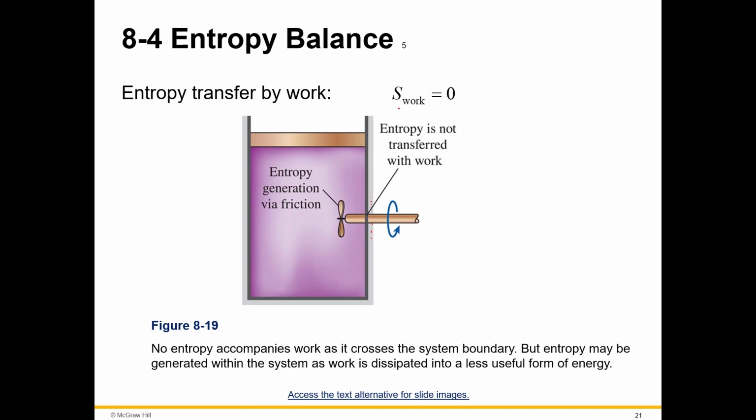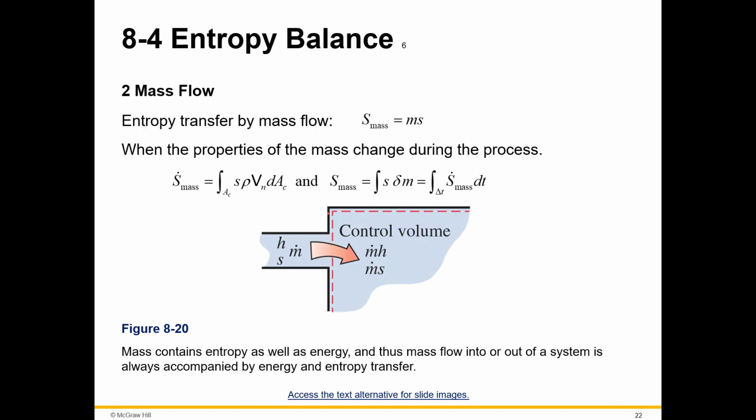Does that make sense? So that's why it's zero. Entropy doesn't accompany the work, but it appears in a generational effect via friction or other irreversibilities.